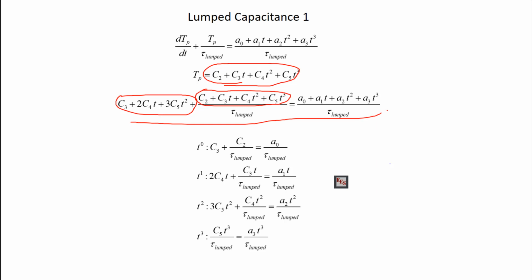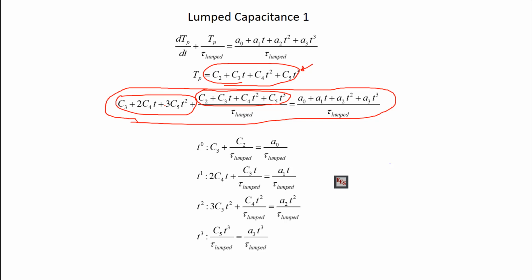So here's my particular differential equation with this substituted into it, right? So now we have to just adjust these constants so that I have a solution to this differential equation for any value of time, right?